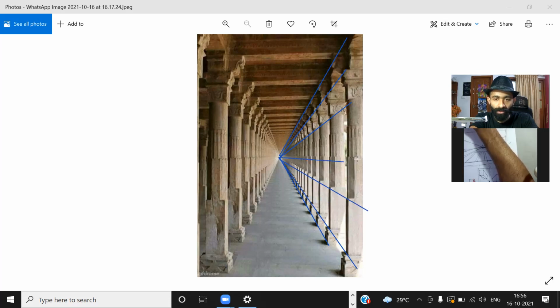See? They're all meeting at a common vanishing point. All of them are parallel elements. Or look at this one. Look at this capital here, the column capital. See how they meet here. Or its pedestal. Notice how they're meeting here.